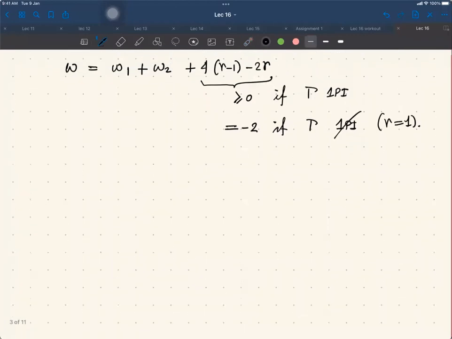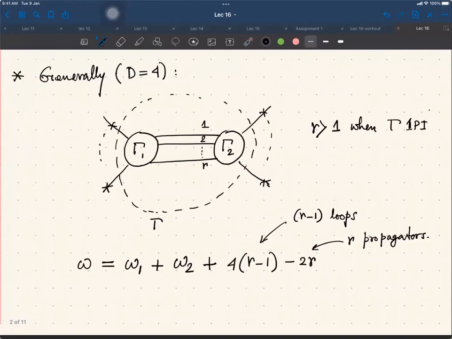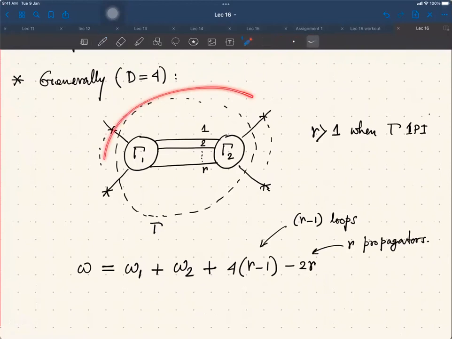So even if gamma is 1 pi, any of gamma 1 or gamma 2 could be non 1 pi. So that is a possibility.